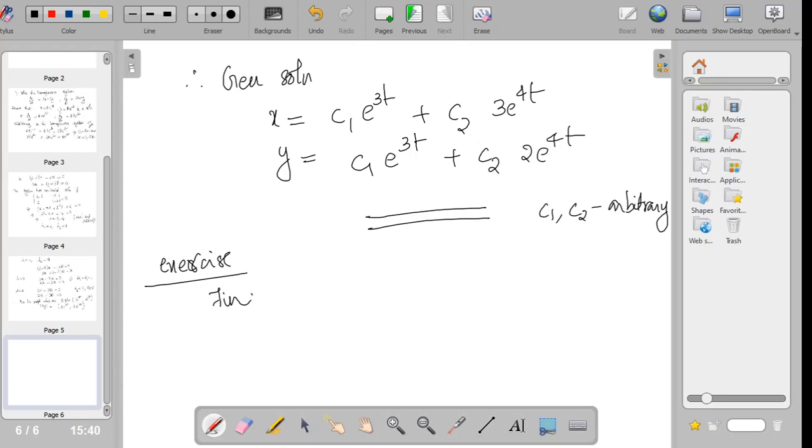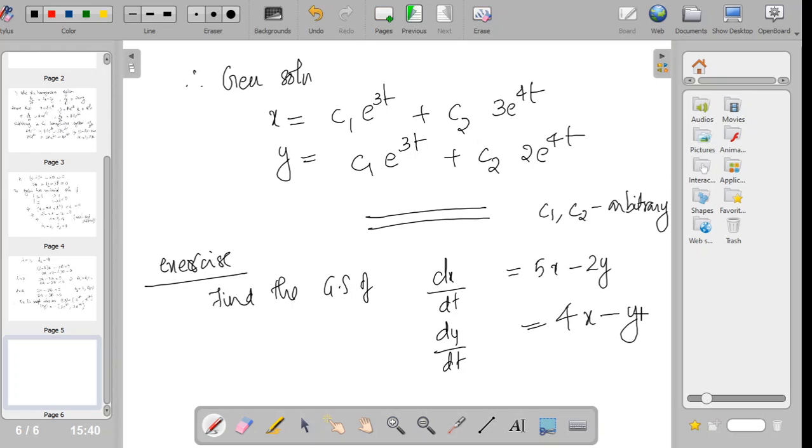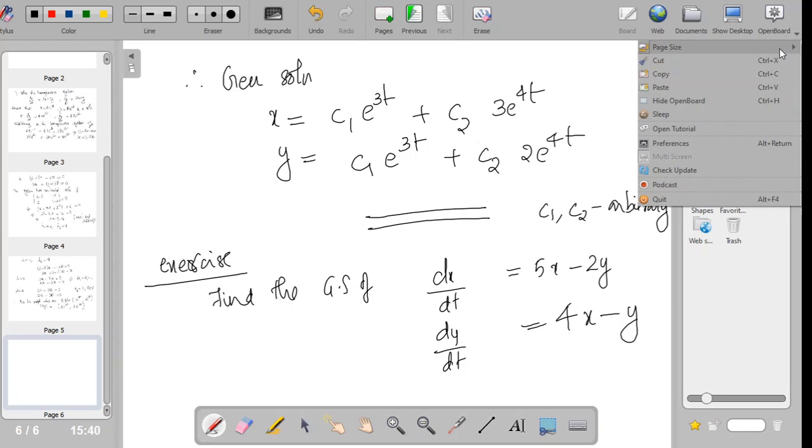Find the general solution of dx by dt equal to 5x minus 2y and dy by dt equal to 4x minus y. Kindly solve this question. We will see the next case in the coming class.